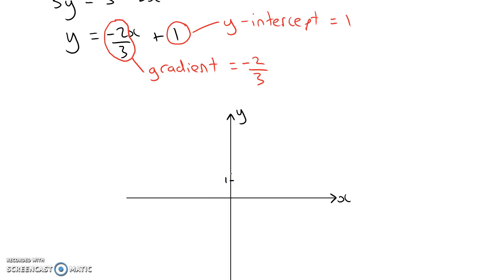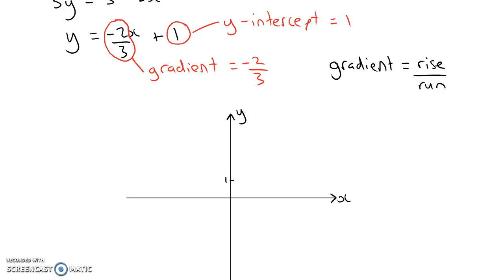And the gradient, as I said before, is the slope of the graph. And the slope of the graph is the rise of the graph over the run of the graph. The rise being the vertical, the run being the horizontal. So the gradient equals rise over run.